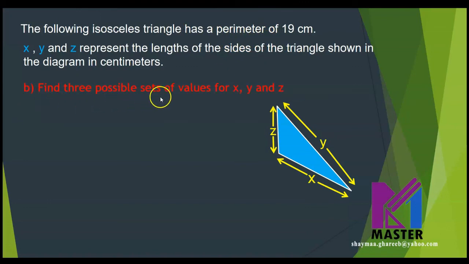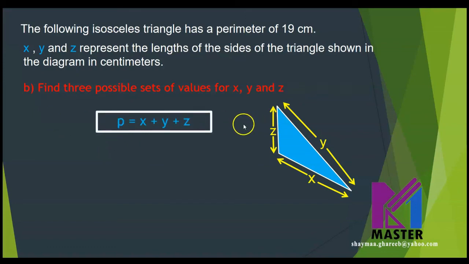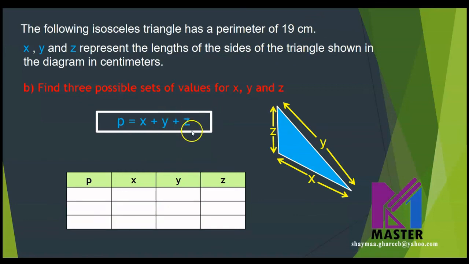Find 3 possible sets of values for x, y, and z. We said that the perimeter of this triangle equals x plus y plus z. And we know that the perimeter equals 19. So x plus y plus z should equal 19. And all of them are different numbers.